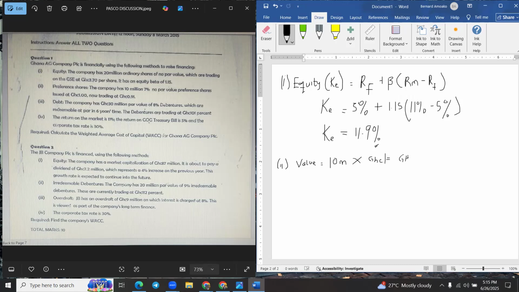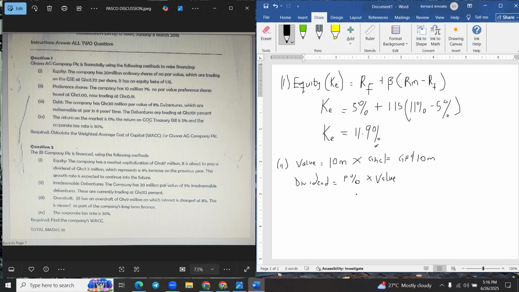If that is the case, 10 million cedis, then what is our dividend? Our dividend is the preference share percentage of 7% multiplied by the value. When you are given the balance sheet, you can easily pick the value from the balance sheet.